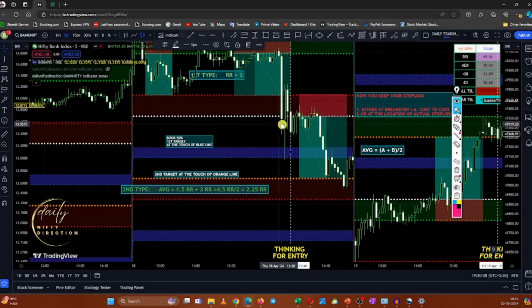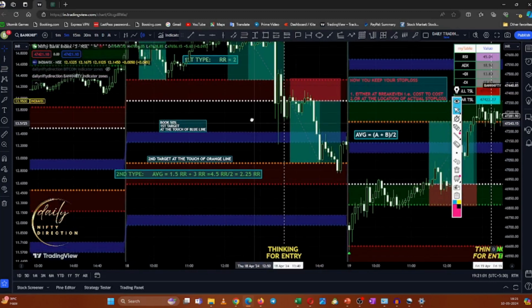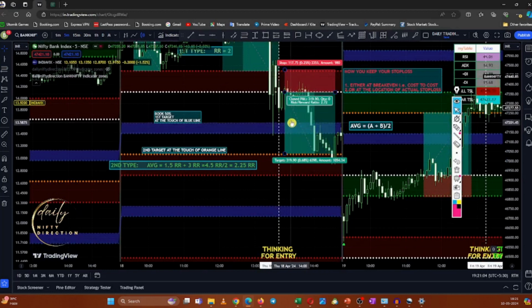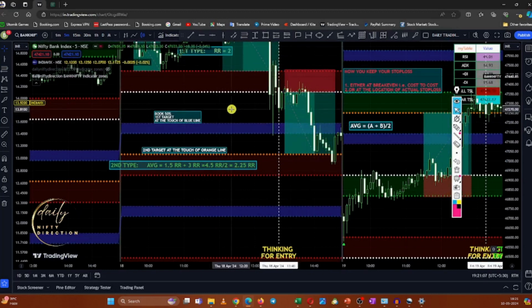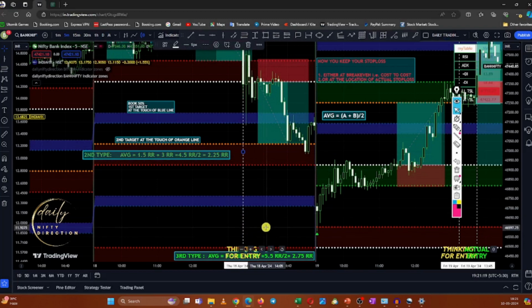Since the first time it broke, you waited for the retest, right? Then it took the retest and then again broke, so now you can take the bearish entry at your location, and you will keep your stop loss a few pips above your zone, and you will book your first target at the touch of the blue line and your second target at the touch of the orange line. So this was your thinking for entry.